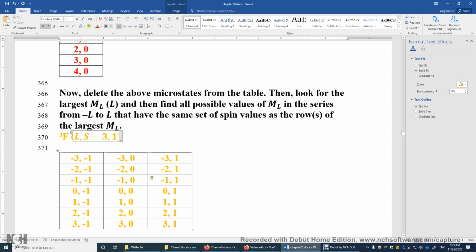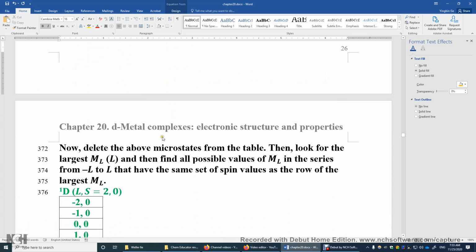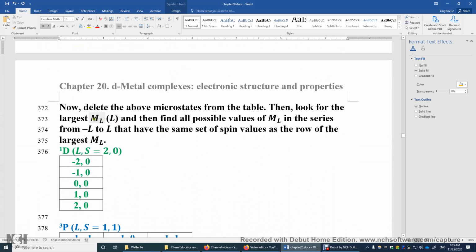And then you delete these 21 microstates from the table as well. We deleted 9, then now we delete 21. So 45 minus 9 minus 21, we have 15 left. And then what do we do? We find the largest m sub L from these remaining 15 rows.